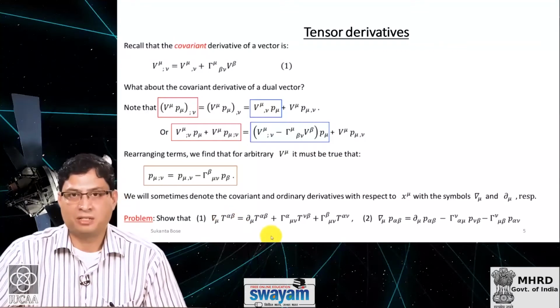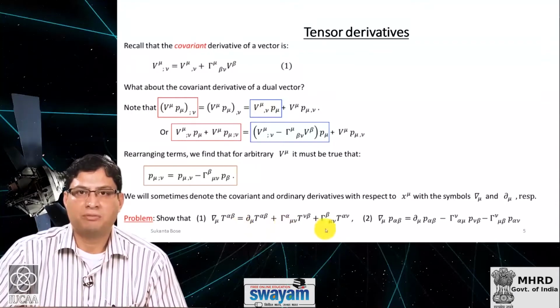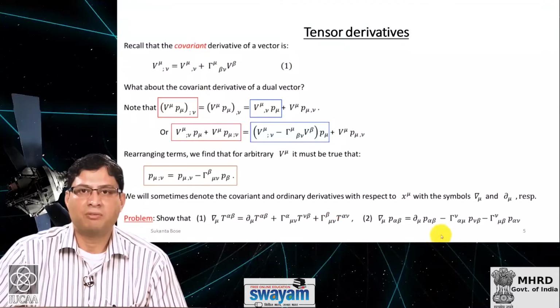If you have a mixed tensor, for example 2-2, that would be, for example, say not t, not mu, maybe x, alpha, beta, gamma, sigma. Then in such a case you will have both of these Christoffel symbol terms, but you will have also two of these kind of terms with negative signs, and instead of the t's and the p's you will have that multi-index x tensor components.